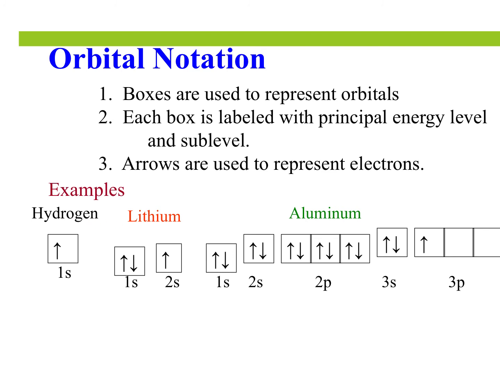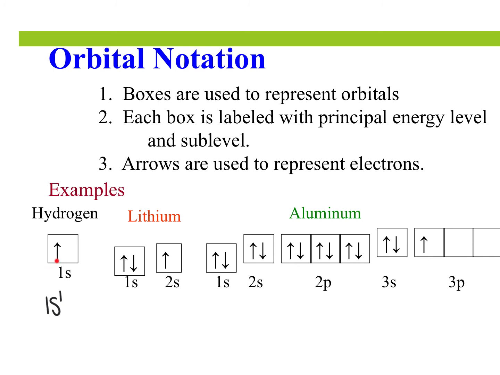So orbital diagrams visually show you the electron configuration. Look at hydrogen on the periodic table. What would hydrogen's electron configuration be? 1s1. Okay, so hydrogen's configuration is just 1s1.